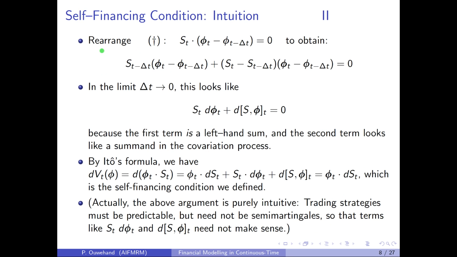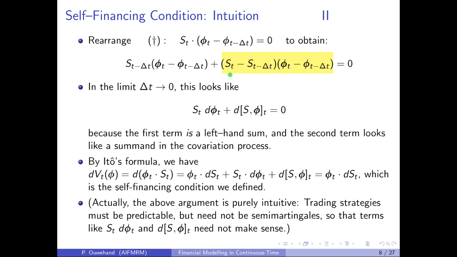So we have to interpret this result that we obtained from discrete time somehow in the Ito sense using left-hand Riemann-Stieltjes sums. In order to do that, we rearrange it to obtain the following expression, as you can verify yourself simply by multiplying out. Now, as you can see, in this case, the integrand is known at the initial time. So this term here can be interpreted as a left-hand Riemann-Stieltjes sum.